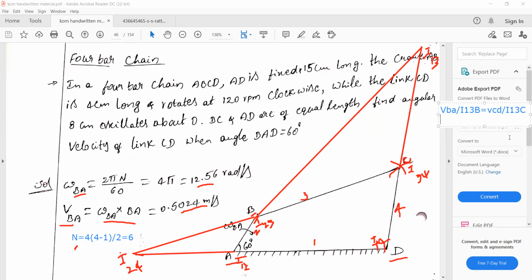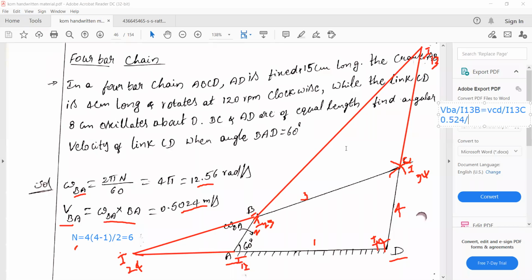In this, you will measure the value. VBA is already known: 0.524 divided by I13B. Just measure the value. One important thing is that a scale is also there for our diagram.